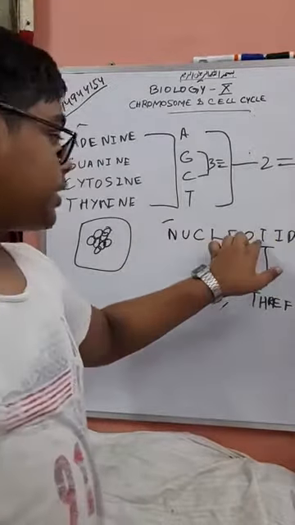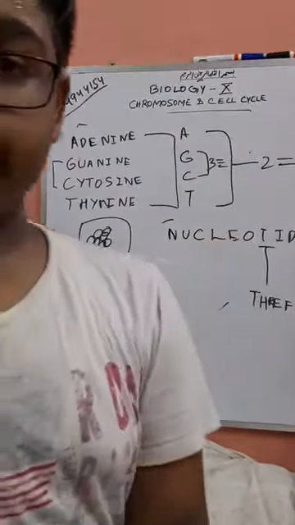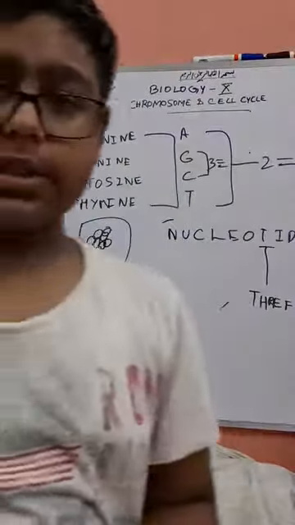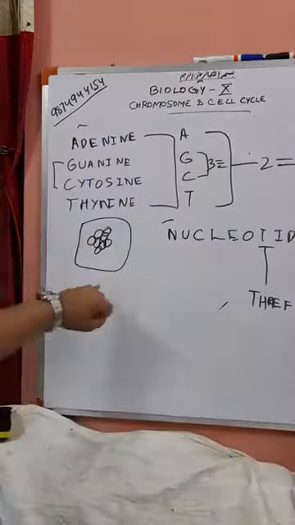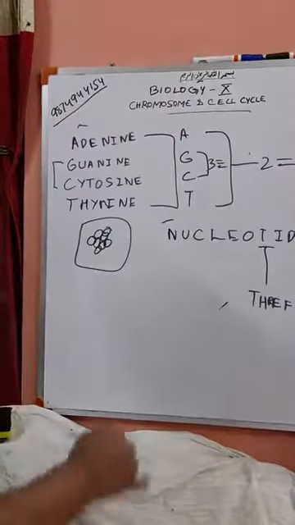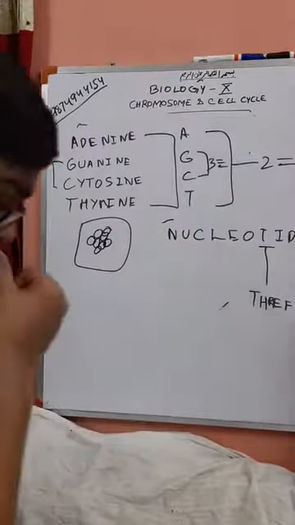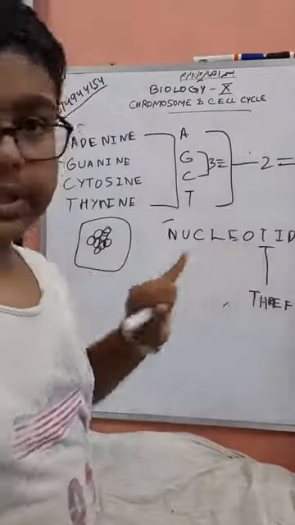If the name has T in it, it will be a 3-component structure, which is a nucleotide. And if the name does not have T and it is named nucleosome, then it is not that 3-component structure, it is this 8 histone protein structure. Now this is how we differentiate between nucleotide and nucleosome, just by the help of this T.